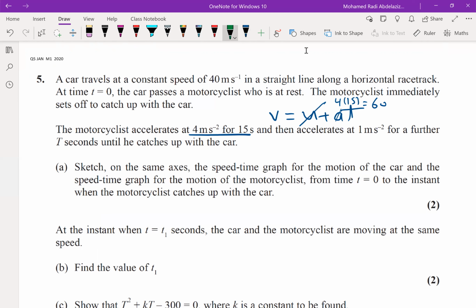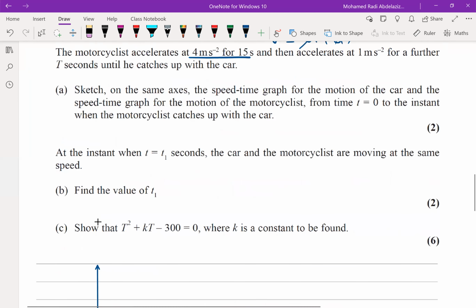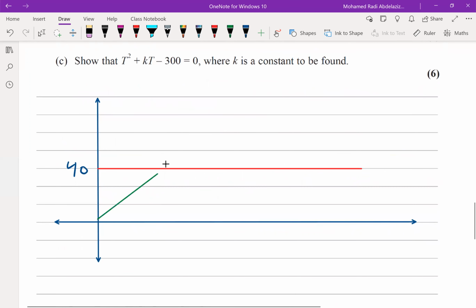Moving with acceleration means an inclined line starting from 0, at the same time, for the first 15 seconds. So you have to show this part, the time is 15 and the velocity is 60.